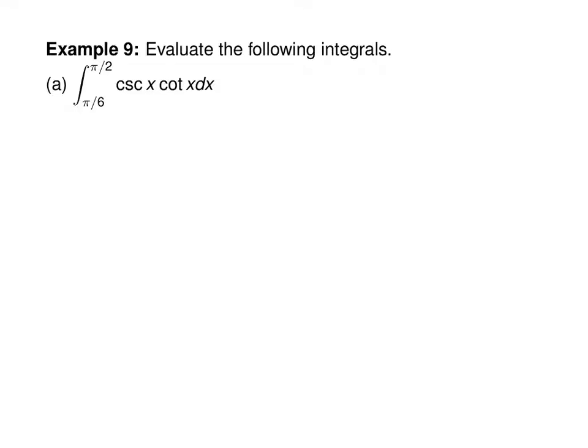All right, what's the antiderivative of cosecant x cotangent x? Negative cosecant x. So we'll have negative cosecant of pi halves. Is it okay if I say plus cosecant of pi 6? So why did I say plus? Yeah, minus a negative. So cosecant is 1 over which trig function?